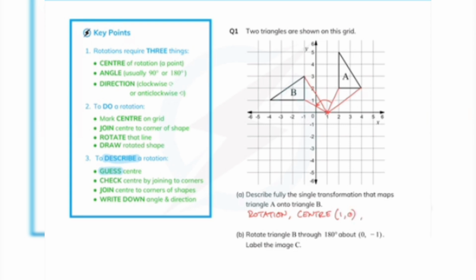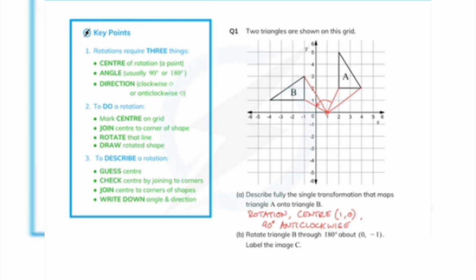And through 90 degrees, and that is anti-clockwise, and that will be your 3rd mark. So if you're describing a rotation, you need those three things. As I say, there are other methods of finding the center, but I think guessing and checking is as good a method as any. You'll get very good at it if you do it that way.